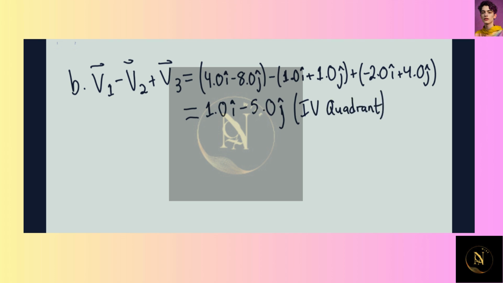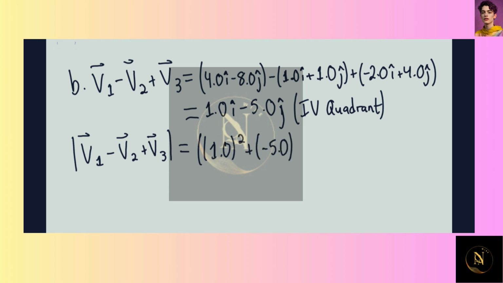And at this point, we can say that if we wanted to find the magnitude again, this would be equal to 1.0 squared plus negative 5.0 squared, all to the 1/2 power. And this is equaling 5.1.